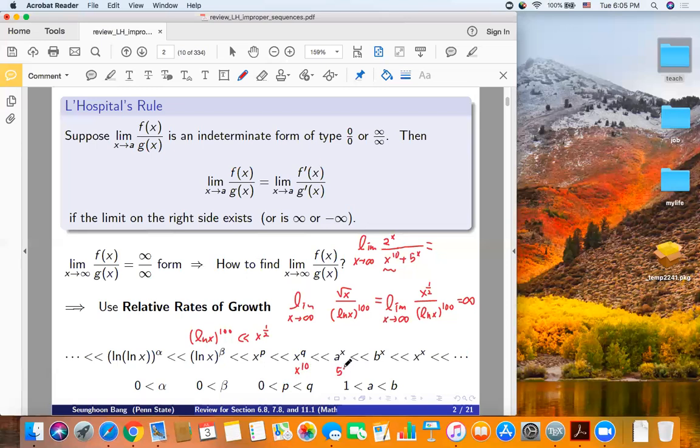What does it mean? 5 to the x is growing faster than x to the 10. You have to ignore the slow one. You can compare 2 to the x and 5 to the x using the table, where a is 2 and b is 5. So 5 to the x is growing faster than 2 to the x. The answer is 0. This is the whole idea of using relative rate of growth.